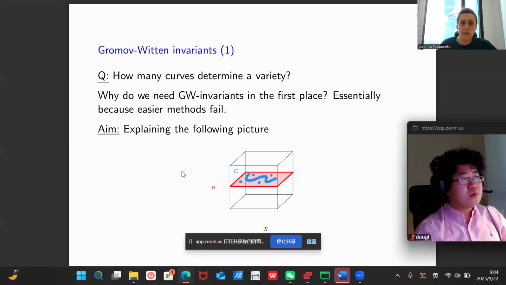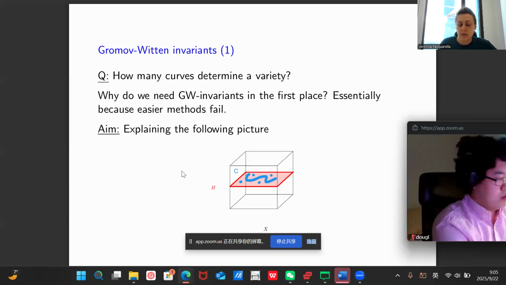So basic thing, what are Gromov-Witten invariants? Essentially, they allow us to count curves in a certain variety. Now, this curve counting is usually addressed in terms of enumerative geometry. And there are many different techniques that have been developed throughout the years because different varieties require different methods, different mathematical tools. And to date, there's still no well unified procedure to calculate these invariants in all types of varieties.